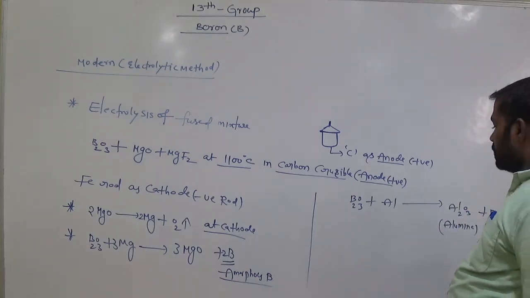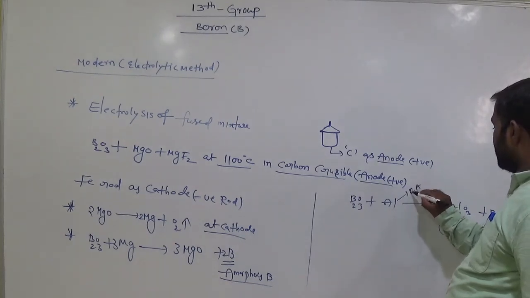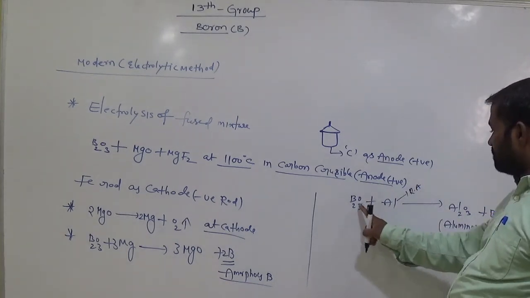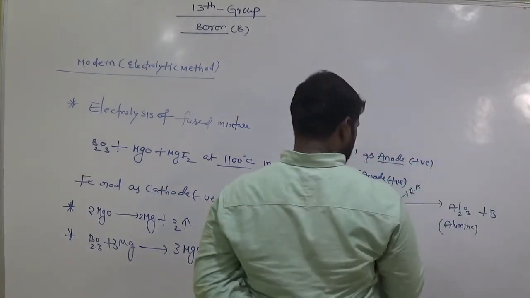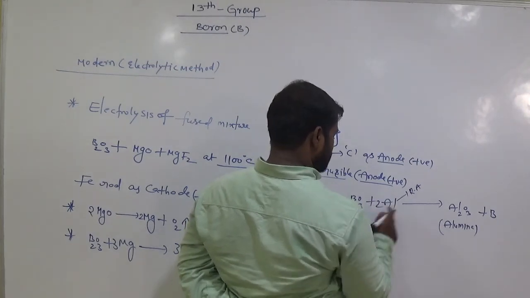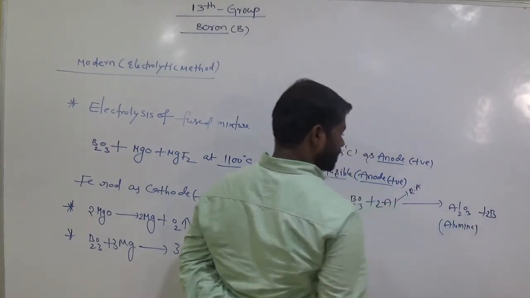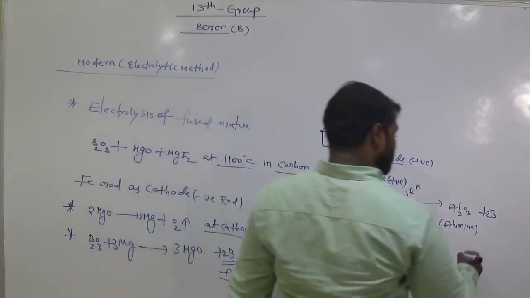Here aluminium acts as a reducing agent. Why? It absorbs the oxygen and becomes Al2O3. So here 3 oxygens, 2 aluminiums and 2 borons. Clear? So in this method we get crystalline boron.